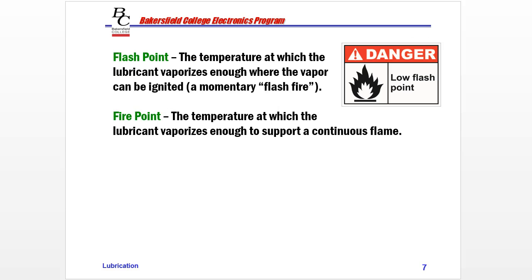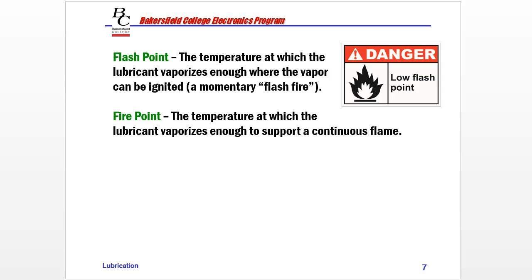The next two definitions have to deal with flame and fire. Flash point is a temperature at which the lubricant vaporizes enough where it can be ignited, but it's not going to sustain a flame and a burning action. It's just going to flash into a flame and then extinguish itself.